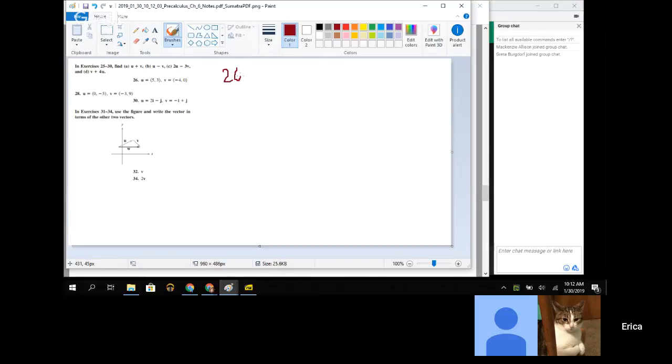We won't do all these, but number 26, we have vector u is 5, 3, and vector v is -4, 0. If we wanted to do part A and add vector u plus vector v, what would that look like? You can do this graphically, or you can do it algebraically.